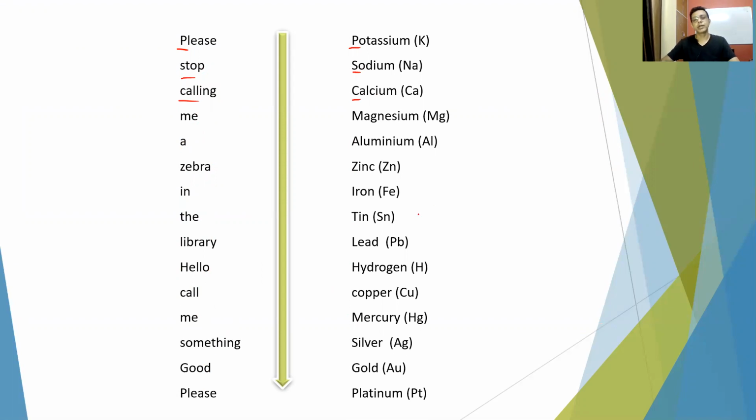Now, from this series, can you answer a question? If you allow copper metal to react with zinc sulfate solution, will the displacement reaction occur? For this, we have to see the position of copper and zinc. Copper is here and zinc is here.